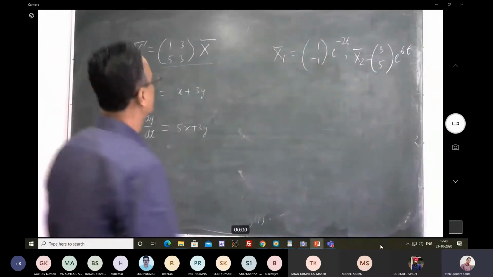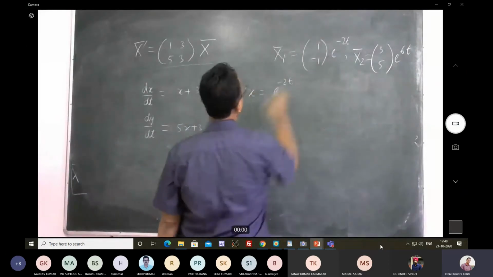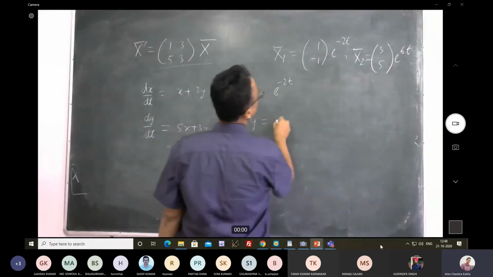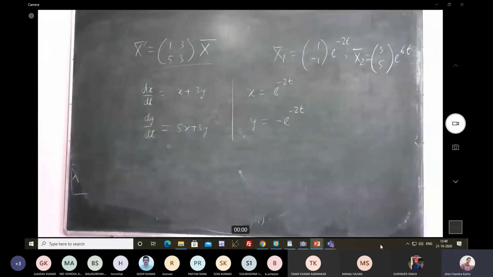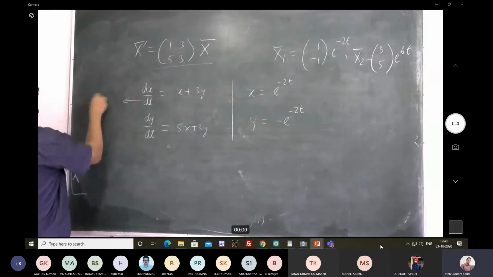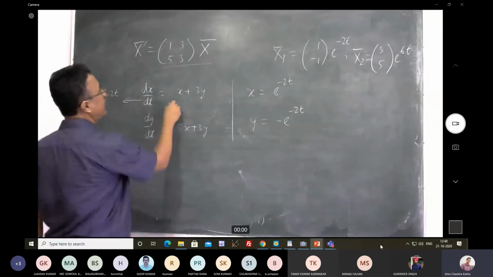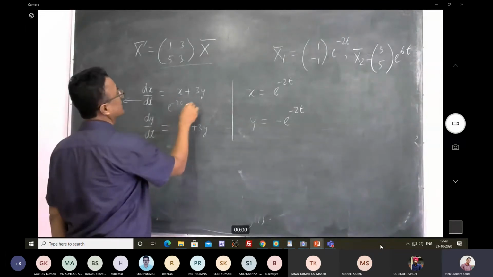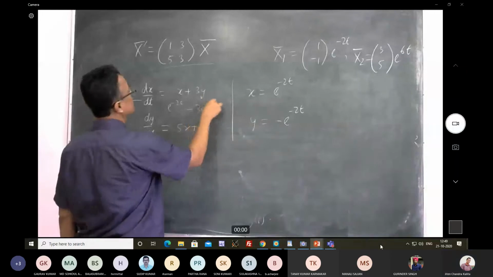The first one, so the solution will be x equal to e to the power minus 2t, y equal to minus e to the power minus 2t. Okay, so is it going to constitute a solution? So dx/dt is minus 2 e to the power minus 2t, right? So x is e to the power minus 2t, and y is minus e to the power minus 2t, so x plus 3y is going to be minus 2 e to the power minus 2t.